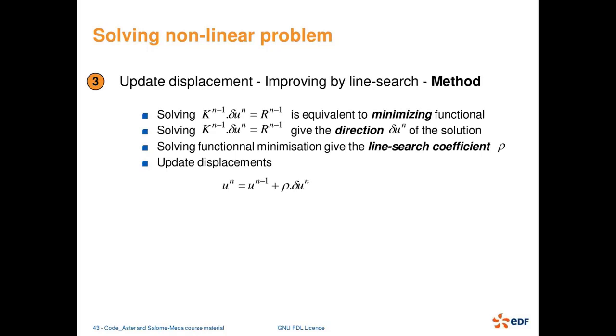And we can improve the next solution in any iteration by methods like the line search method or the arc length method, etc. There are various methods to improve the solution by minimizing this functional called the residual. I will not discuss the details of this, but we can use those methods for accelerating the solution process.